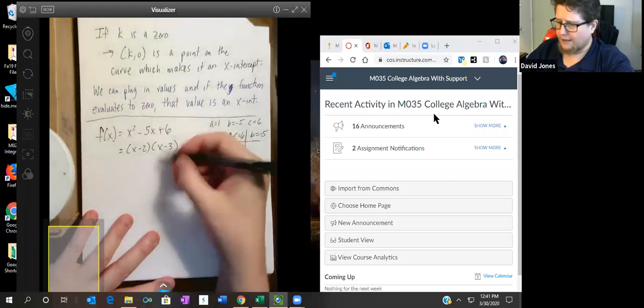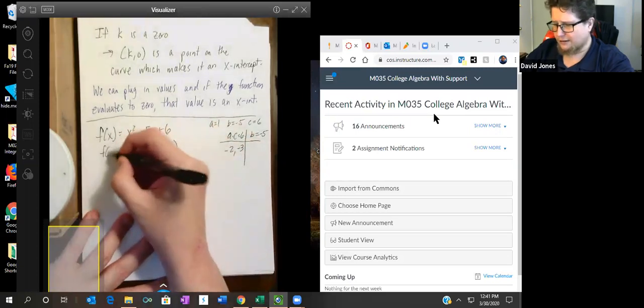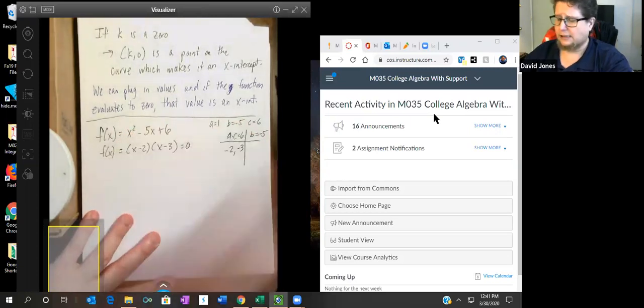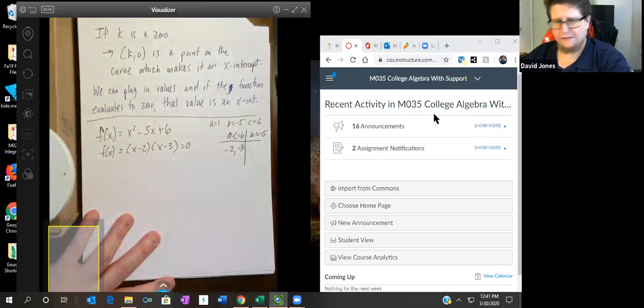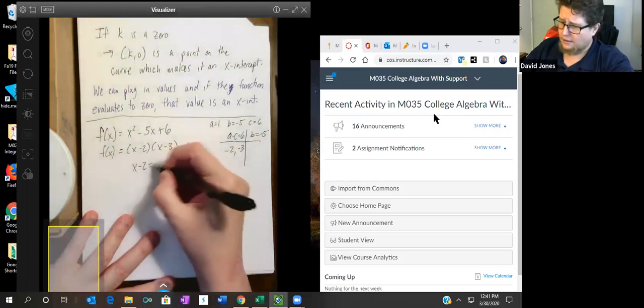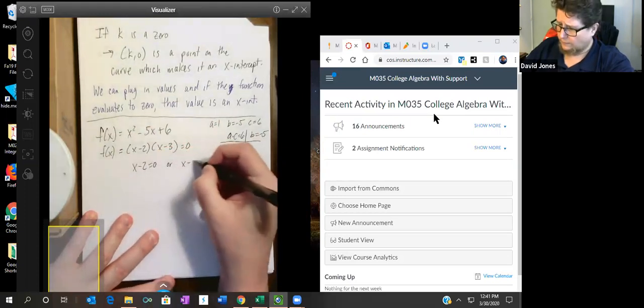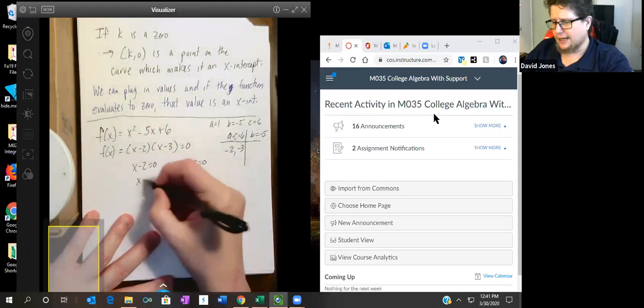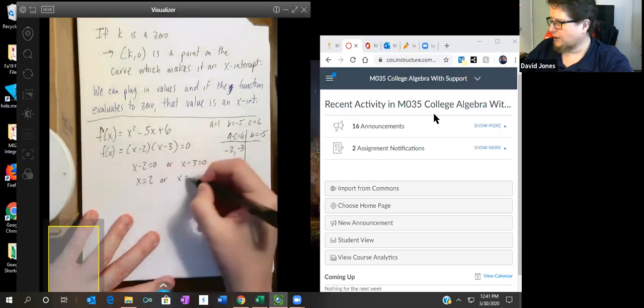And remember, if we're saying these are zeros, then f of x equals 0. We're trying to find zeros here. And we get x equals 2 or x equals 3 are zeros.